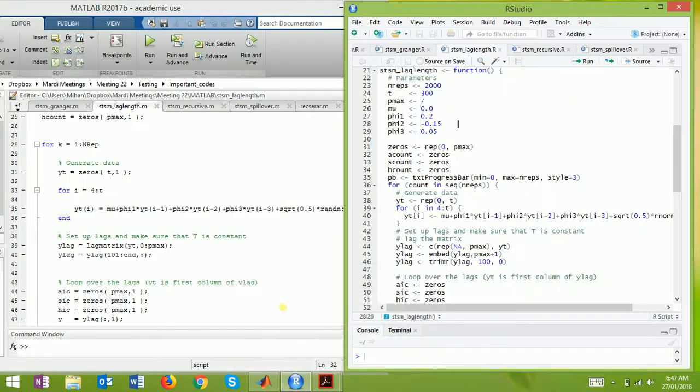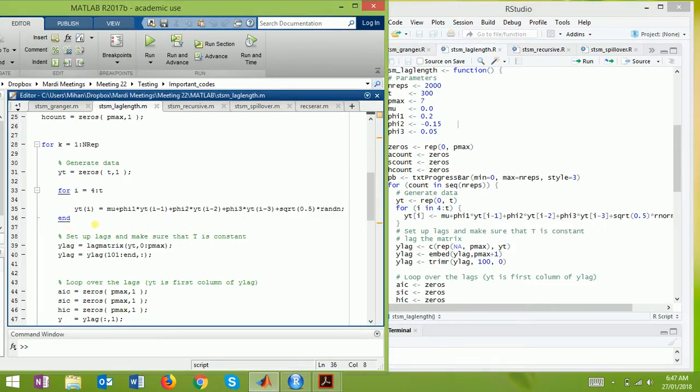That's why t equals s plus 1, where s is the maximum number of autoregressive parameters, which is 3, plus 1, so 4 to t. So the equation is mu plus phi 1 y t minus 1 plus phi 2 y t minus 2 and so on, plus the square root of 0.5 times a random number. Beautiful. So a random number will be generated for 4 to t times.